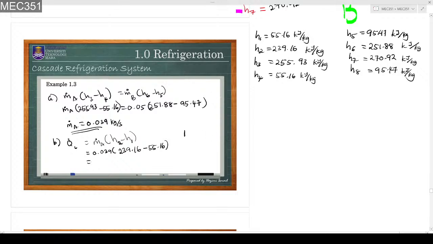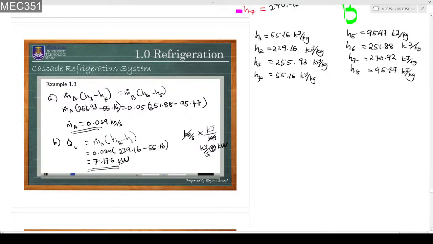The unit here is kilogram per second times enthalpy in kilojoule per kilogram, so you will get kilojoule per second, which is also equivalent to kilowatt. We will get 7.176 kilowatt.